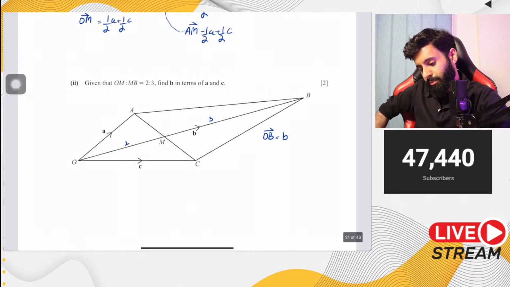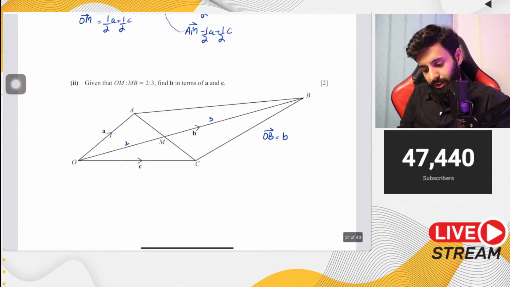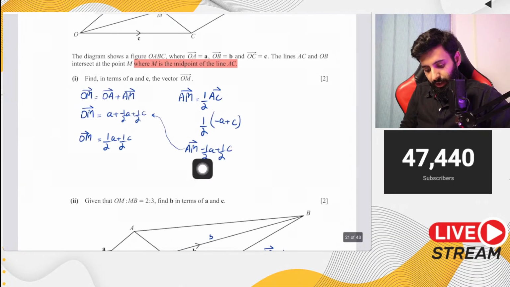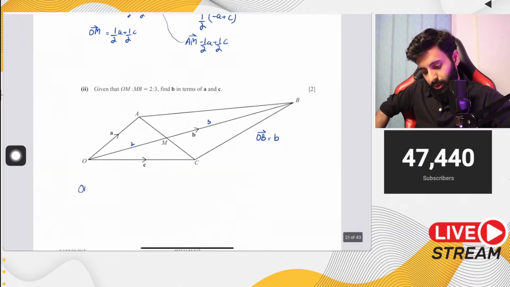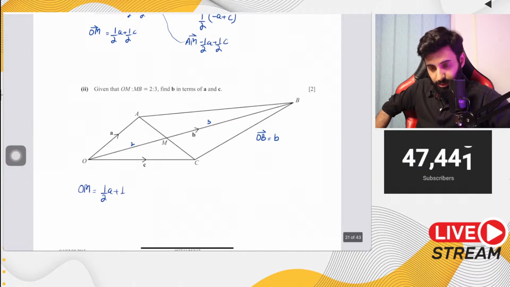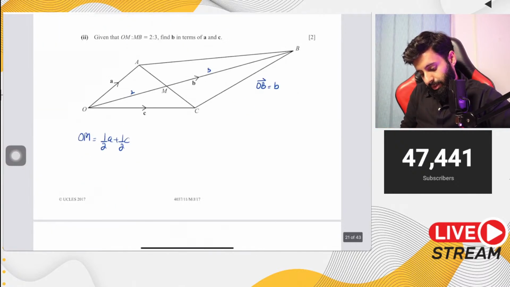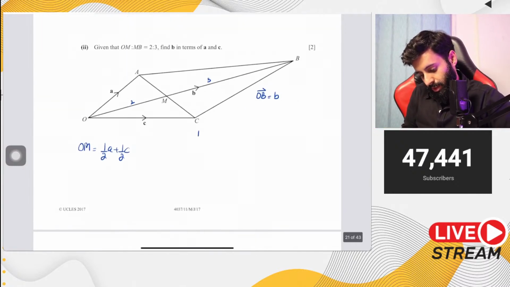Yes, find OM. This question is nice in the sense that we've already found OM. It's half A plus half C. And according to the question, OM upon MB is in the ratio 2:3.